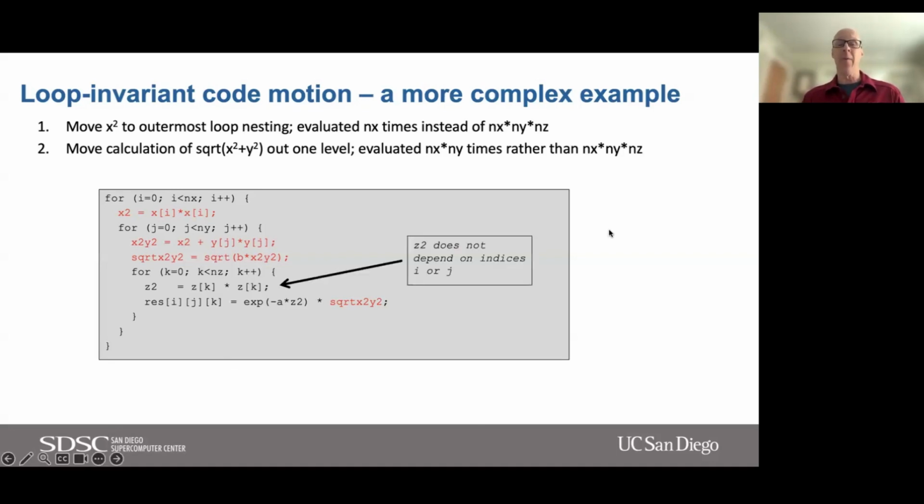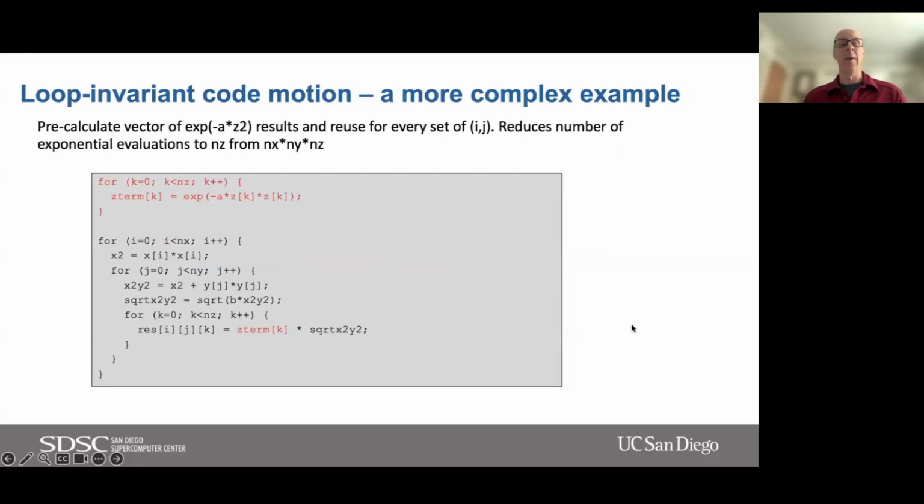But I could go a step further. We notice that z squared does not depend on the indices i or j. And similarly, e to the minus a z squared does not depend on i or j either. So I could pre-calculate this entire vector of results. I'm going to call it z term, which is e to the minus a z squared.